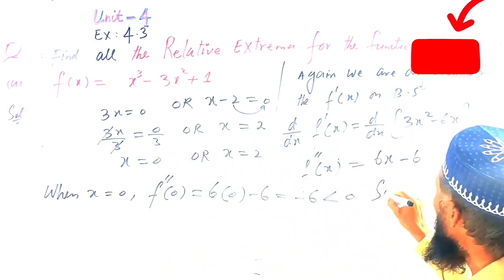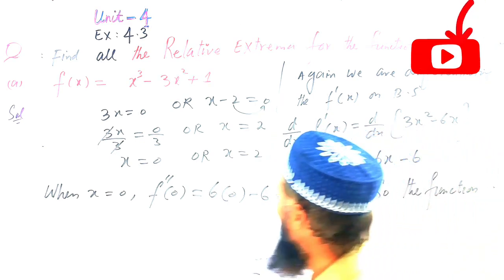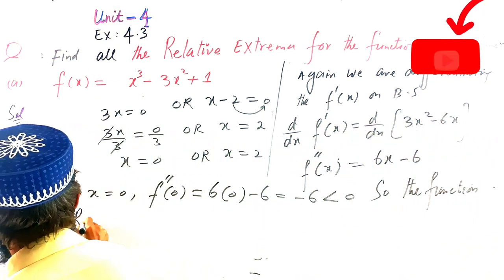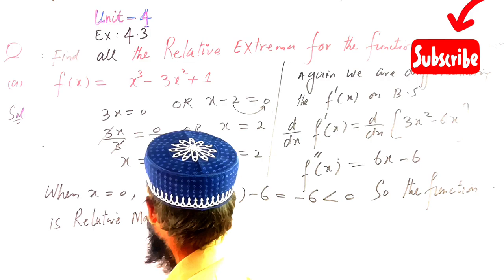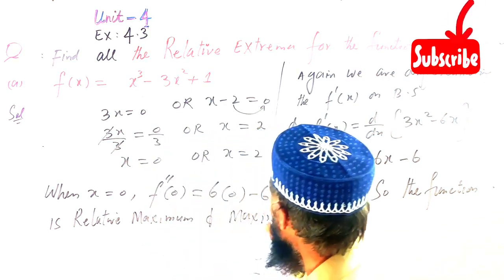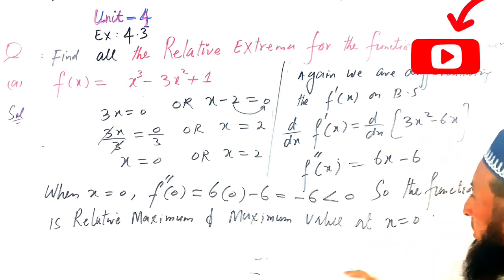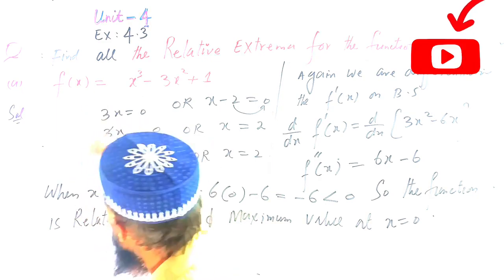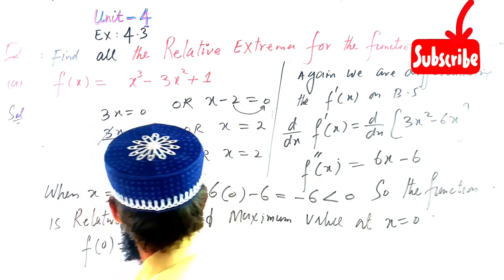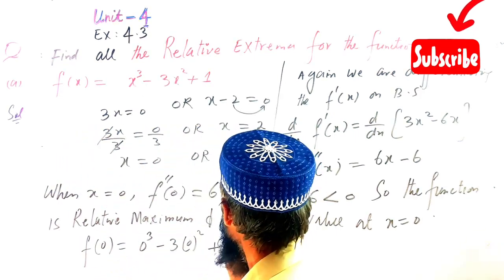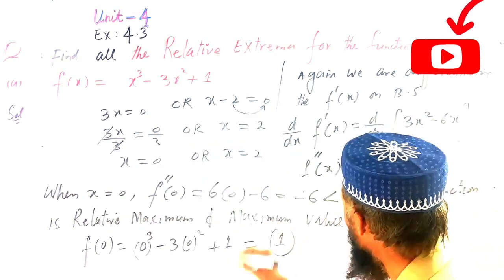So the function has a relative maximum, and the maximum value at x is equal to 0, we put in the original function. f of 0 is 0 cube minus 3 into 0 square plus 1. 0 cube is 0, everything is 0, we get here 1.